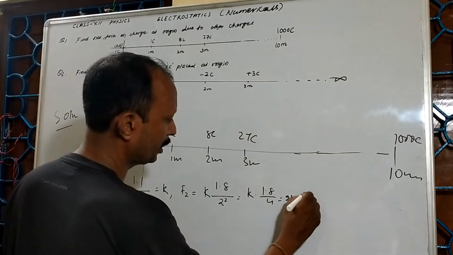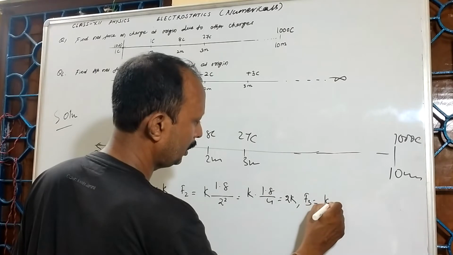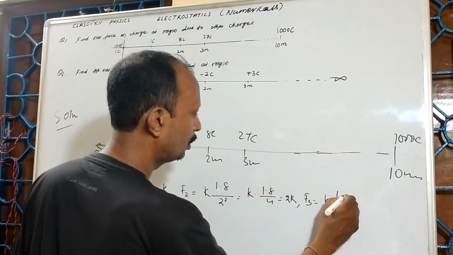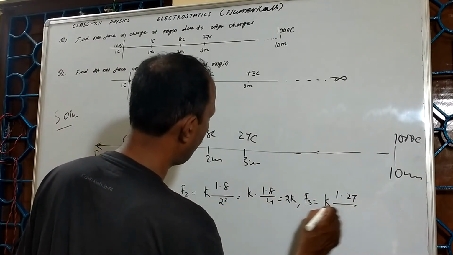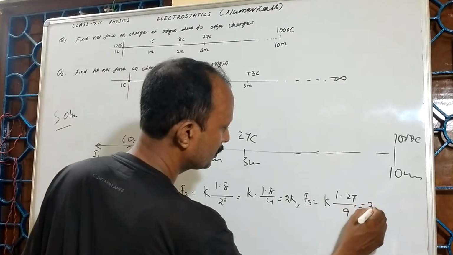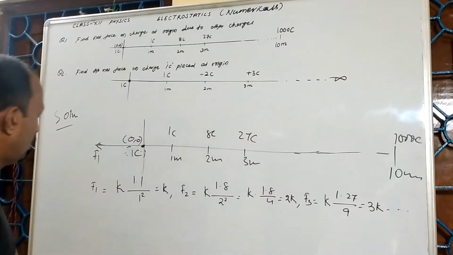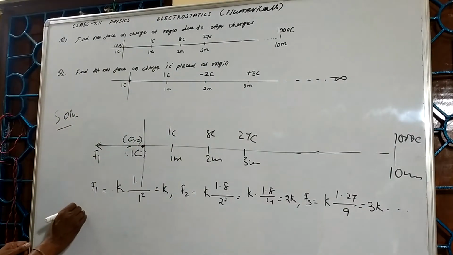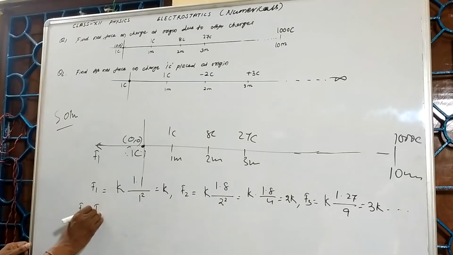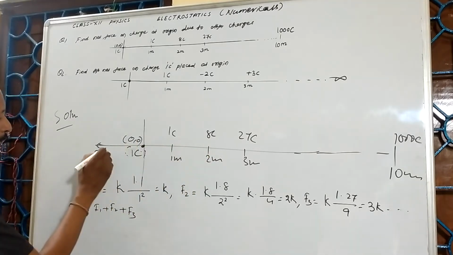Similarly, I can calculate that F3 is equal to K into 1 into 27 divided by 3 square. This is 9, so this is 3K. Like that, we can write that the total force is equal to F1 plus F2 plus F3. All these forces will act like this.